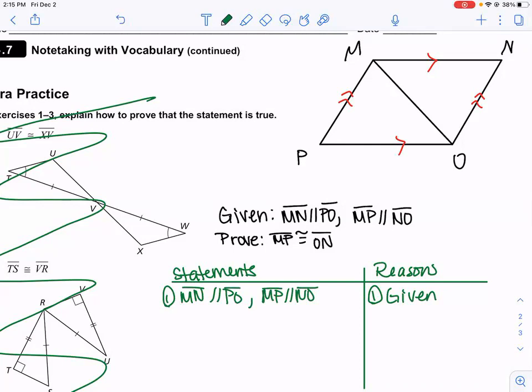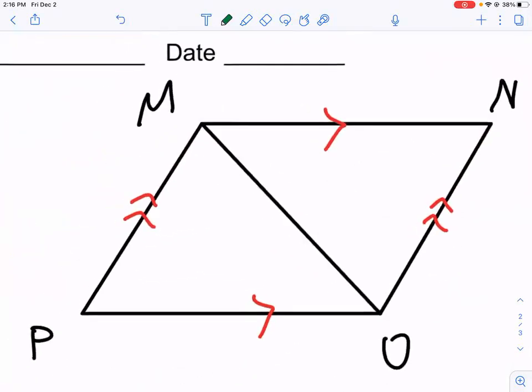I want you to identify one piece of information we can use from the set of parallel lines. With parallel lines, what do we need to look for? Congruent sides or congruent angles? Angles. Congruent angles. So which ones are gonna be congruent?